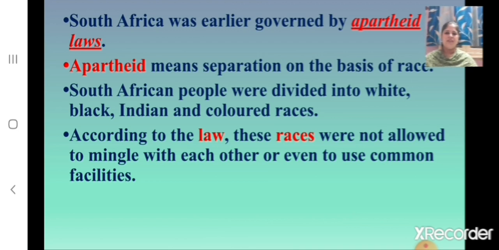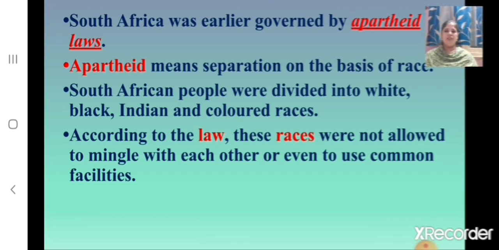The facilities and the laws were different for the white people, the black people, and the Indian and colored races. So all the laws and the facilities were separate and not the same.